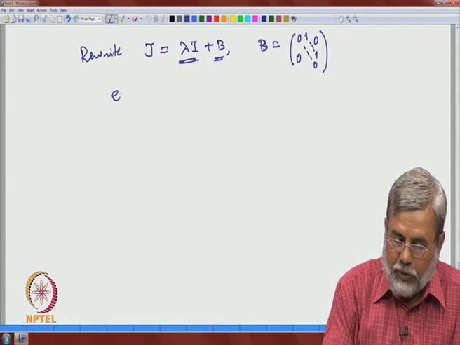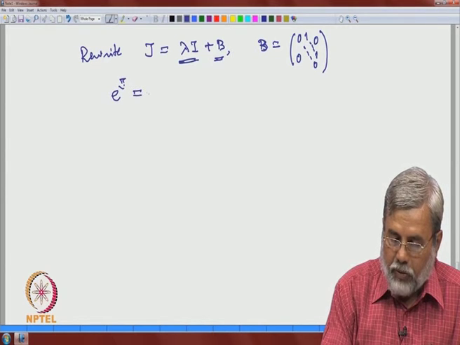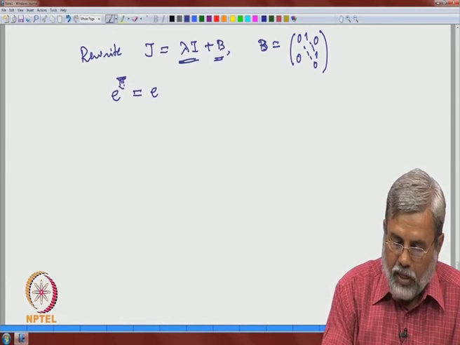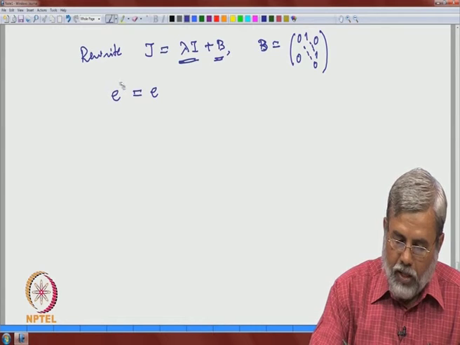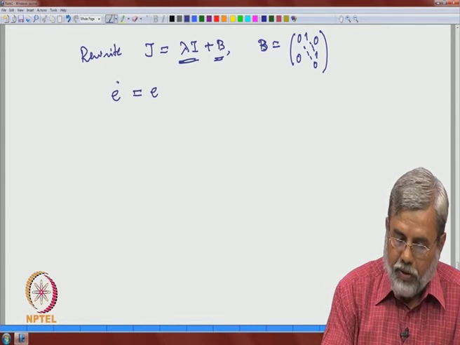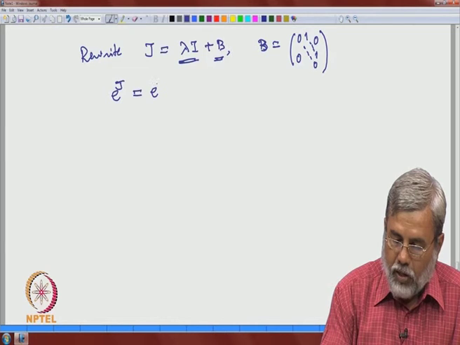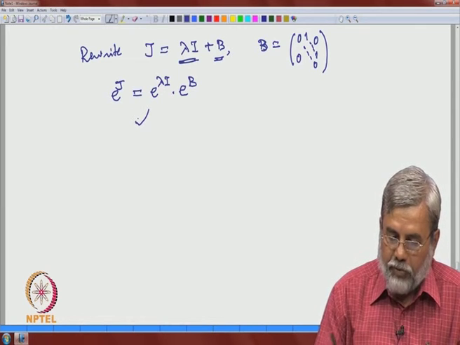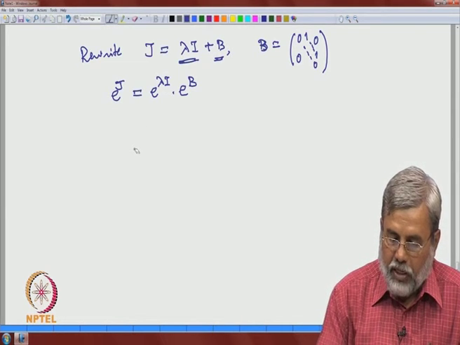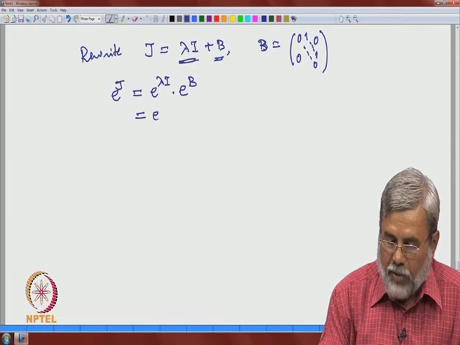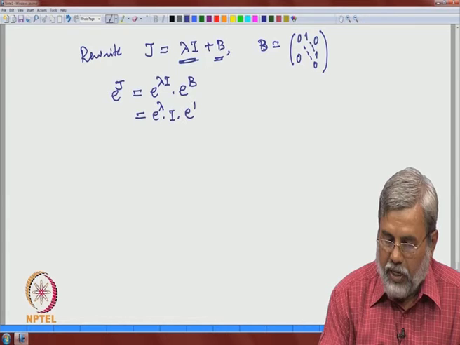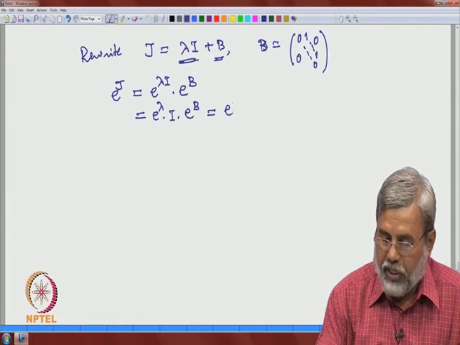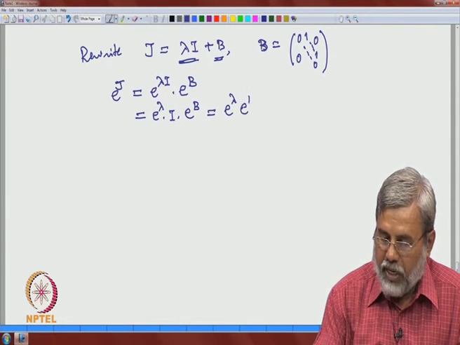So, we have e to the J is equal to e to the lambda I e to the B, and this you can easily check. E to the lambda I is nothing but e to the lambda into I into e to the B. So, this is identity. So, we have just e to the lambda e to the B.